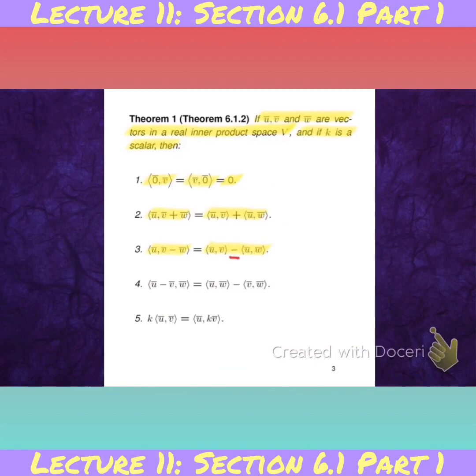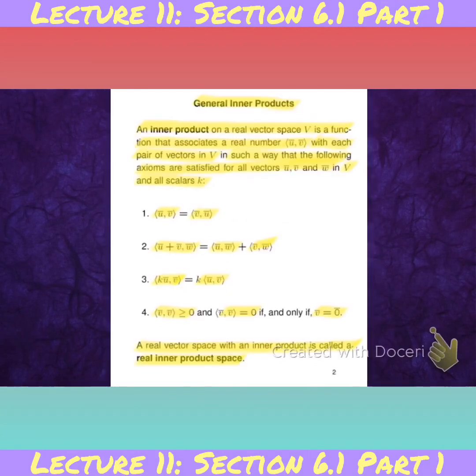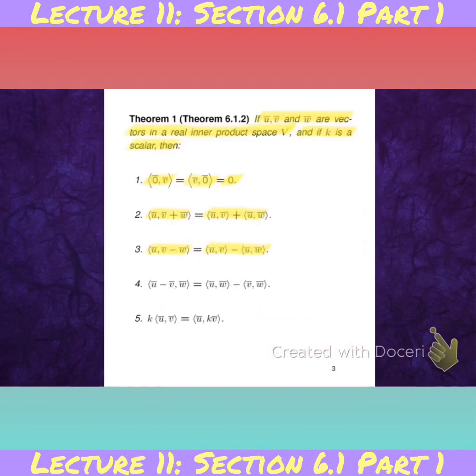Primarily the negative sign, if you go back to this property here, comes from the third axiom. Then also we've got, if you take the difference between two vectors and you take that inner product with a vector w, then again the difference distributes in that way.